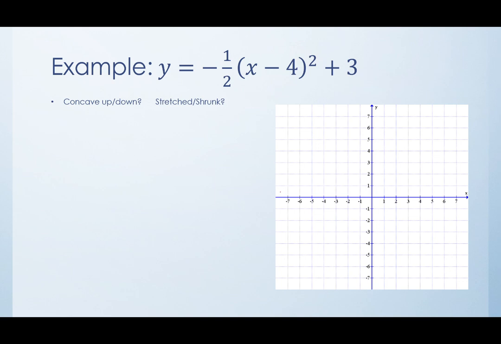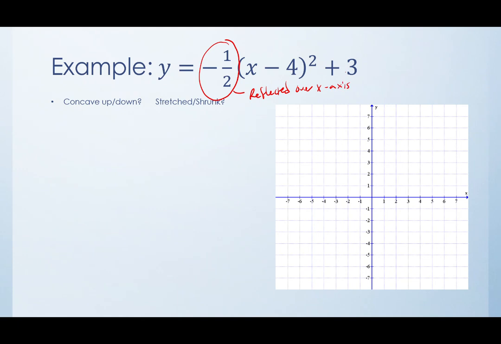So we're going to look at this and ask, does this graph open up? Is it concave up or is it concave down? What's going to tell us that? The coefficient out front, the a value. Because it's negative, we know it's been reflected over the x-axis.